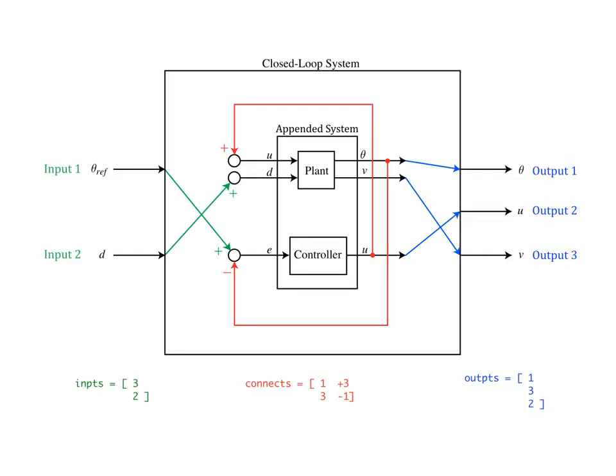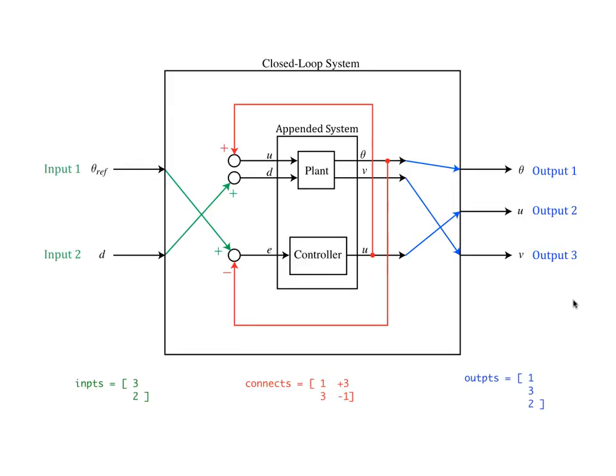So we've now completed the definitions of our two vectors, the inputs vector and the outputs vector, and our one matrix, the connects matrix, that will communicate to the connect command the connections shown in color on this figure to create our connected or closed loop system from our appended system.